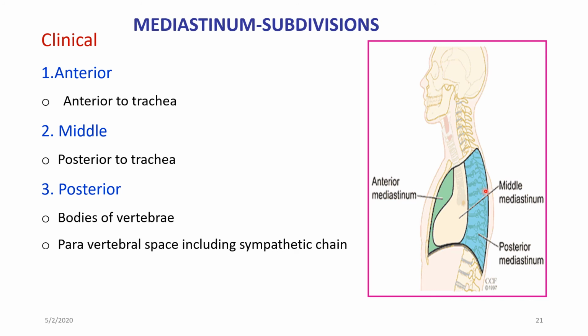So the part on either side of the bodies of vertebra is paravertebral space. So that is included in the posterior mediastinum, whereas the middle mediastinum is the part posterior to the trachea.